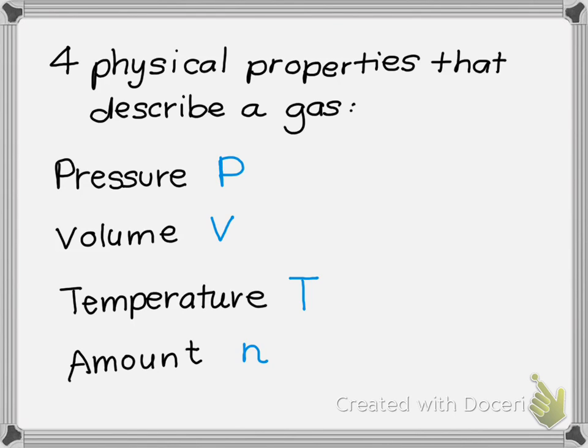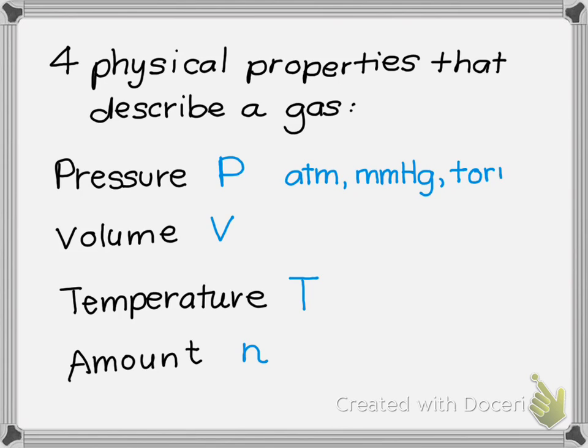Now, in terms of knowing not just the properties, it's oftentimes helpful to know the common units that are used. And pressure uses units of what we call atmospheres, or atm. Commonly in this class, we'll also see millimeters of mercury and torr.